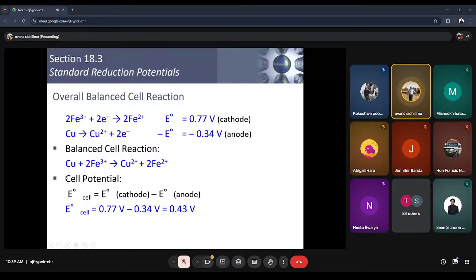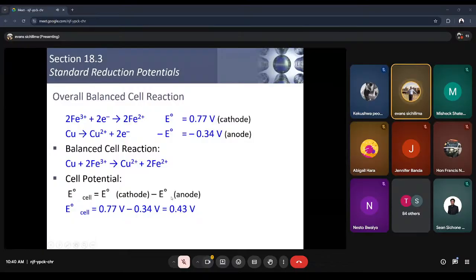Okay, therefore, the cell potential E naught of the cell, the entire cell. So we know that this galvanic cell has got 2 compartments. There's the anode side and there's the cathode side. So when you add those 2 of the entire cell, we basically have the E naught, the standard electrode potential of the cathode, minus the standard electrode potential of the anode.